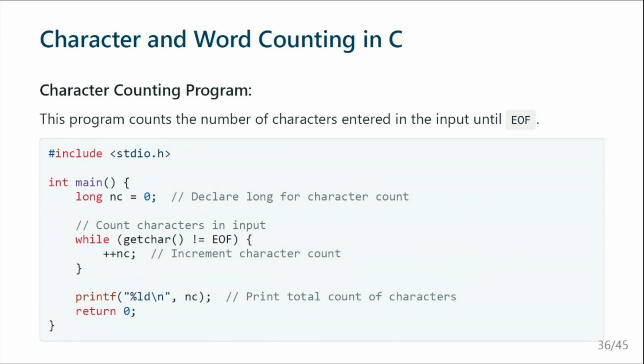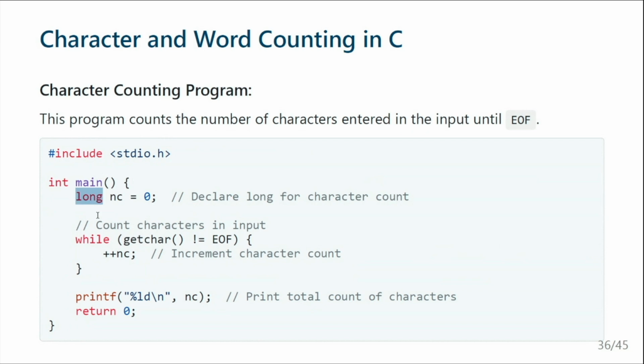Here you can see the change is very minimal, well, actually there are a few changes. First of all, there's a new type of variable we haven't talked about, which is called long. Long is an integer type which is longer than the typical integer.